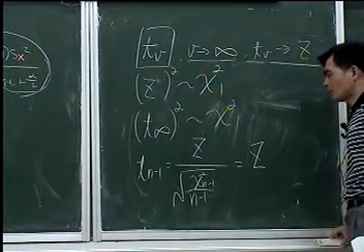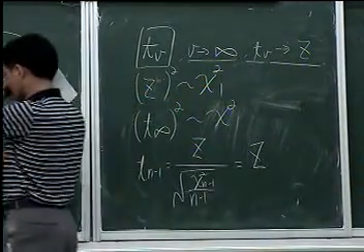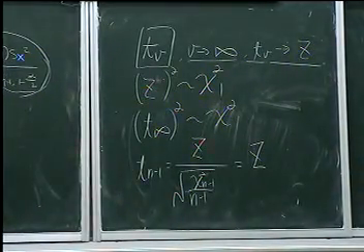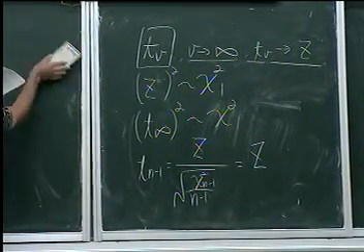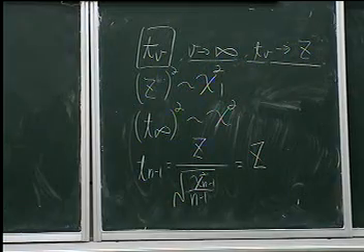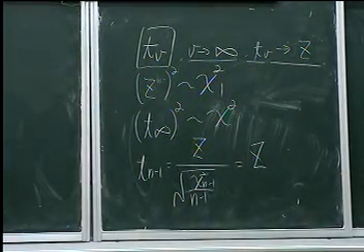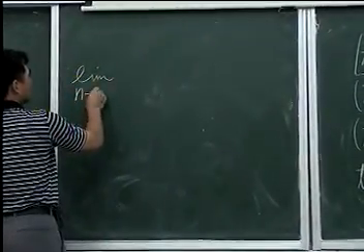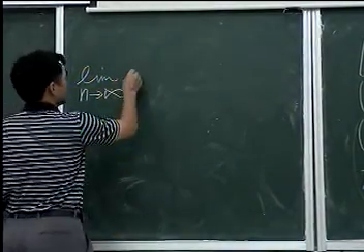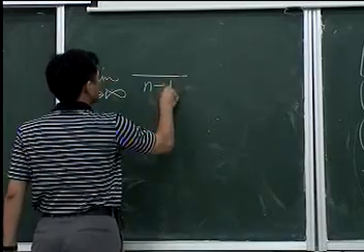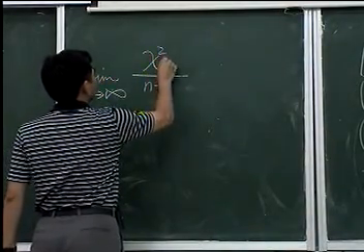Okay, so now my question is, what happened to the limit as n approaches infinity of chi-square n minus 1 divided by n minus 1?